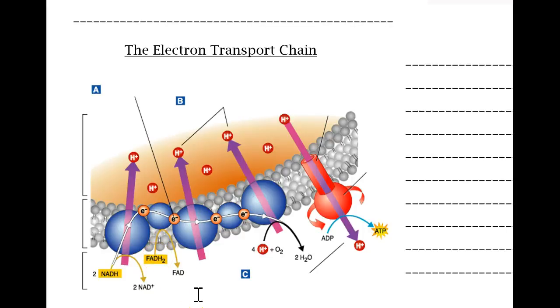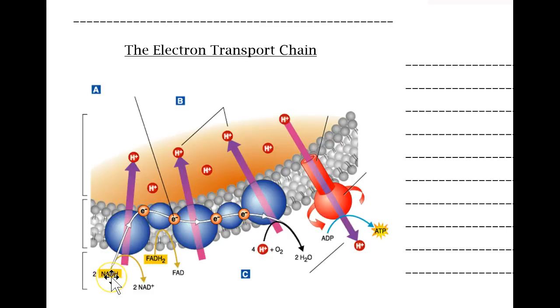The way that I'm going to explain this is first we're going to follow the NADH, the electrons from that all the way through, and then we're going to follow what happens to the FADH2 as a secondary electron transport.